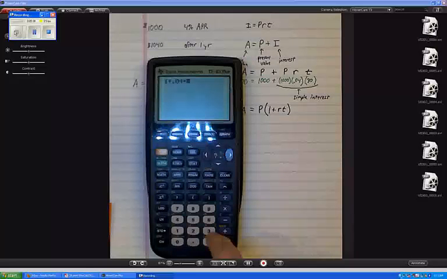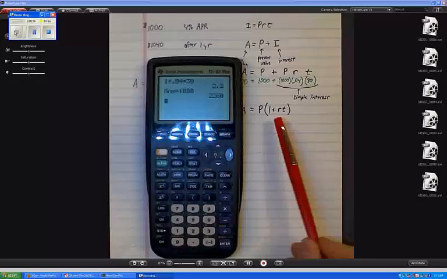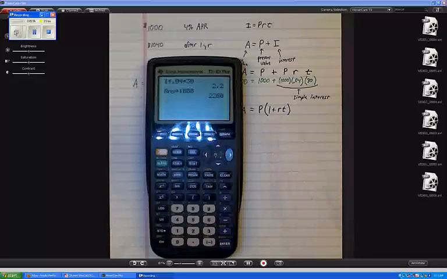Does this make sense? Boom. 2.2 times your 1,000 gives me my 2,200, right? Somehow, 1 plus RT tells me what to multiply by. Well, if you understand that, that's a good first step towards understanding finance.